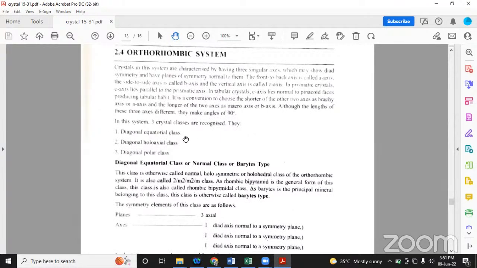One is the normal class, or we can call it the orthorhombic dipyramidal class. Here you can see the bipyramidal class, the orthorhombic pyramid class, the orthorhombic disphenoidal class.